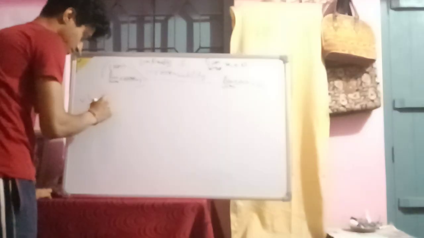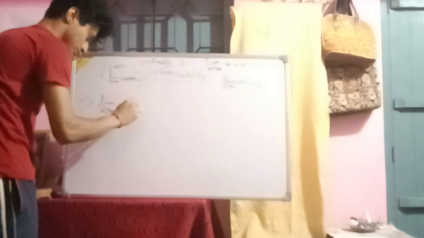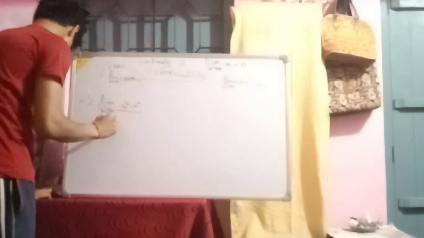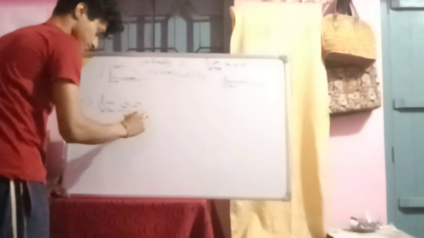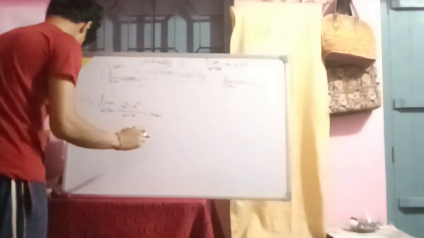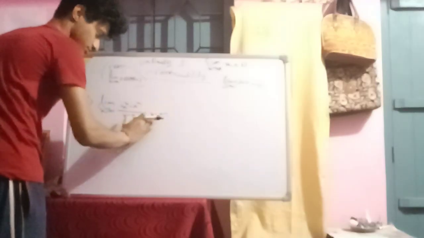It says that the limit as x approaches a of x to the n minus a to the n over x minus a becomes n x to the n minus 1.